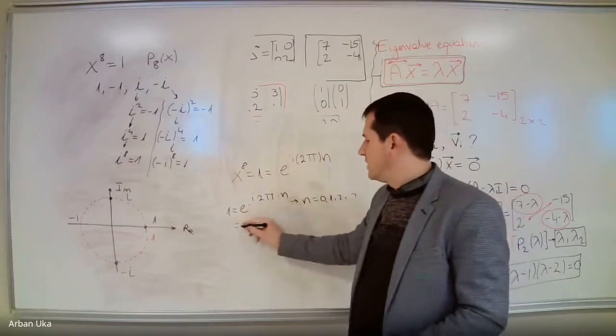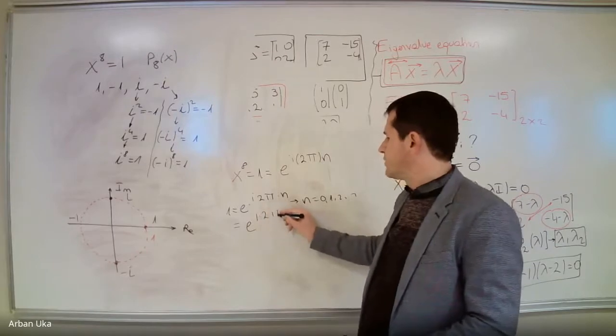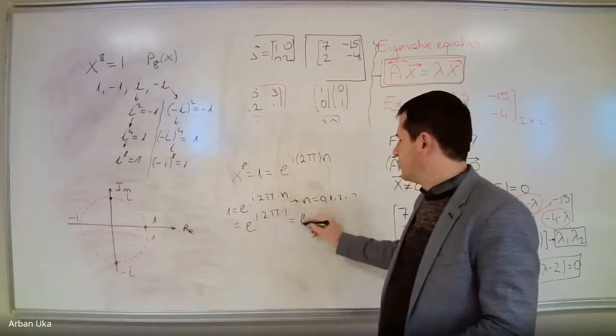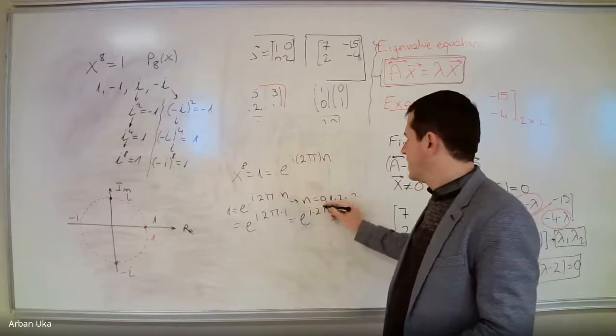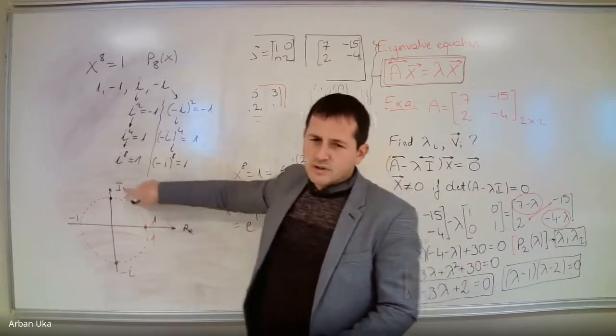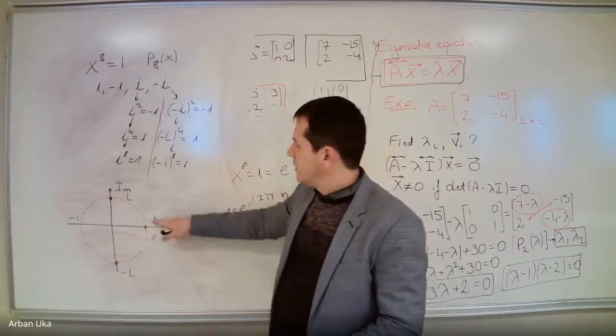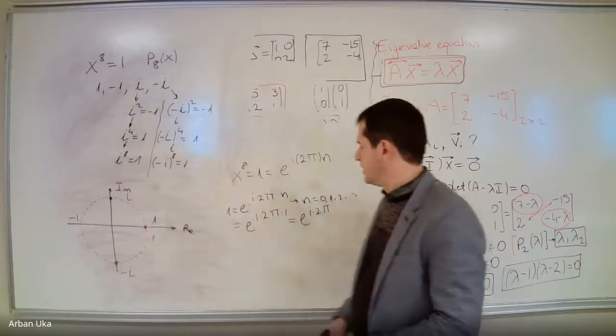If n is equal to 1, we have e to the power I times 2 pi, which means that we start here, we move across a circle with a radius equal to 1, and we end up at 1 again, like here.